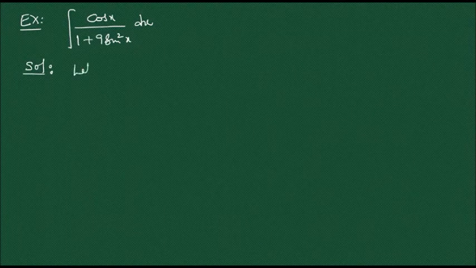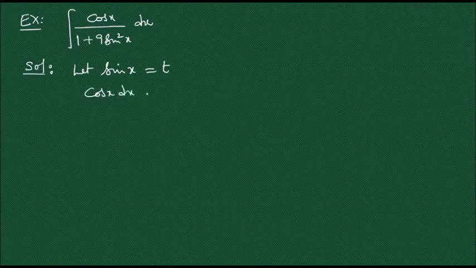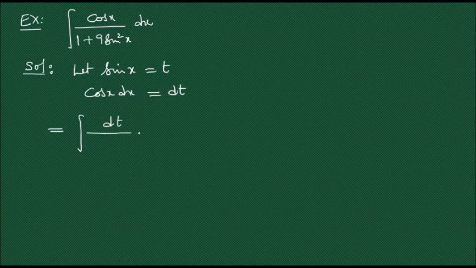Let sin x is equal to t. Differentiating this, cos x dx is equal to dt. Now when I replace this in the problem, integration of cos x dx is existing, so dt we can write by 1 plus 9t square.